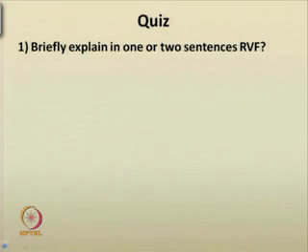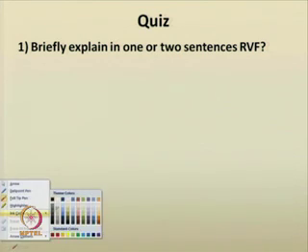So, the solutions for today's quiz. The first question we asked is, briefly explain in 1 or 2 sentences rapidly varied flow.